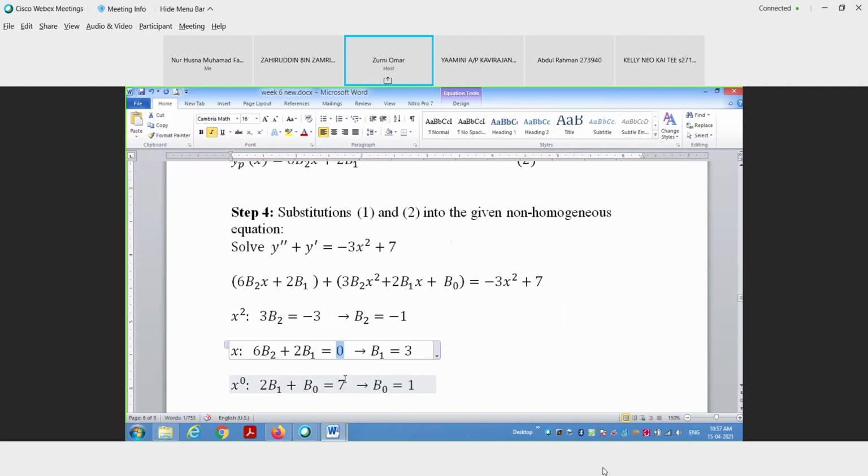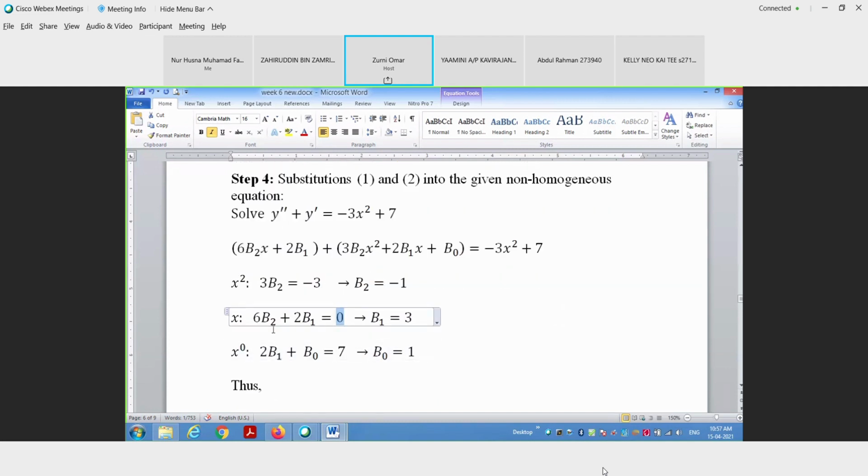So now we have 6b2 plus 2b1 equal to 0, but b2 equals minus 1. That means 6b2 becomes 6 times minus 1, which is minus 6. So minus 6 plus 2b1 equals 0. You bring minus 6 to the right hand side. That means 2b1 equals 6. So b1 equals 3.